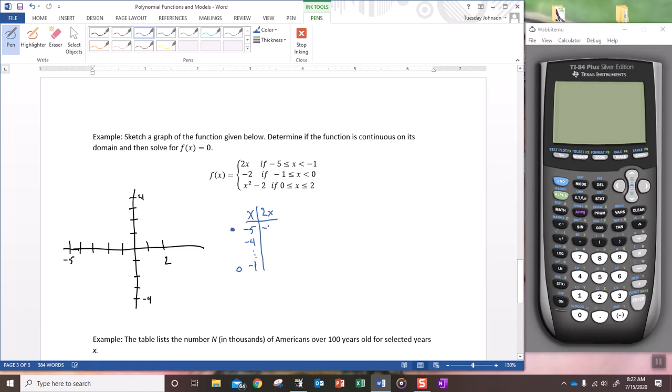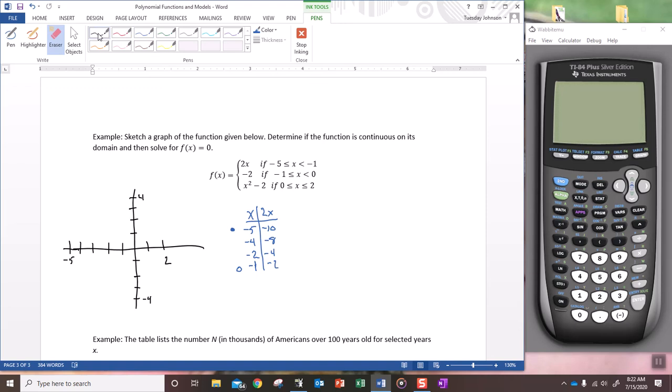When I evaluate, I get -10, -8, all the way down to -2. So it looks like I will probably need to use a couple of these values. -5, -10, and we'll label it. Let's make sure that's negative.